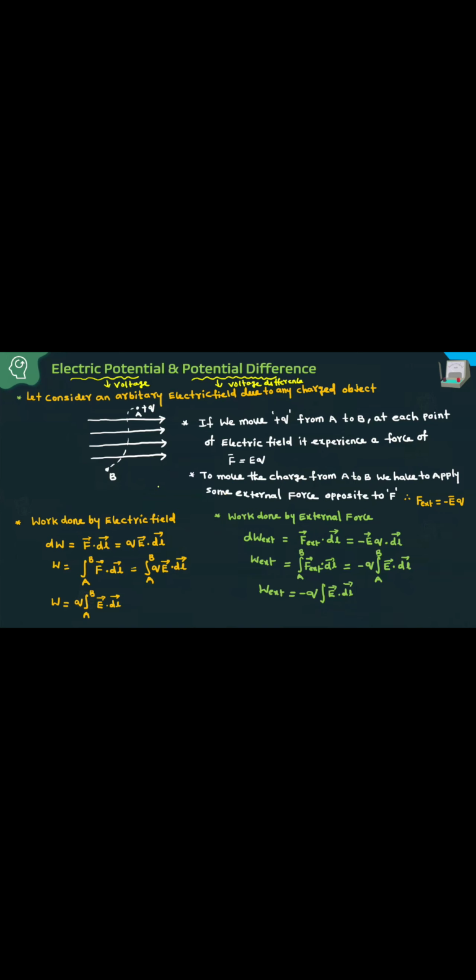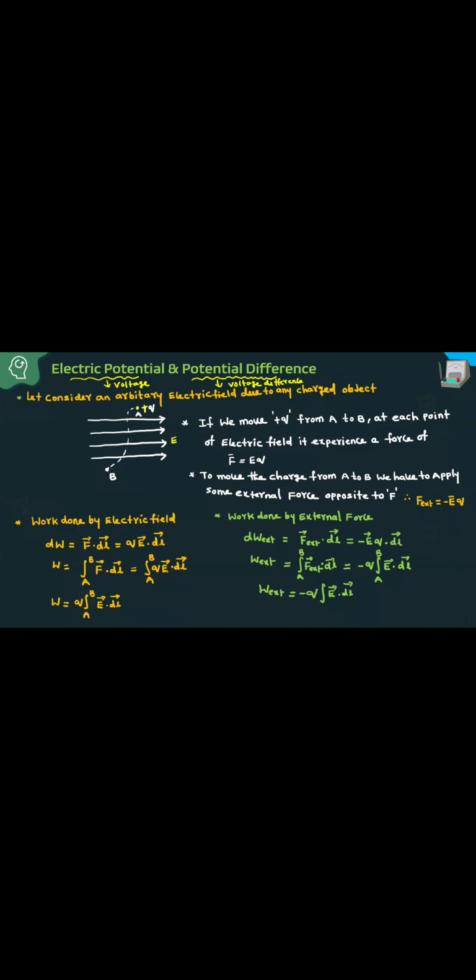Let's consider an arbitrary electric field due to any charged object. This is the electric field. Now, at point A, I take a positive charge Q. Now we have to move this positive charge from A to B through the electric field.